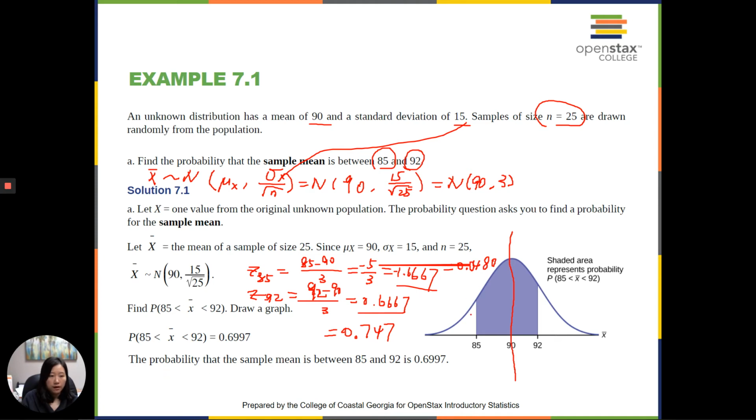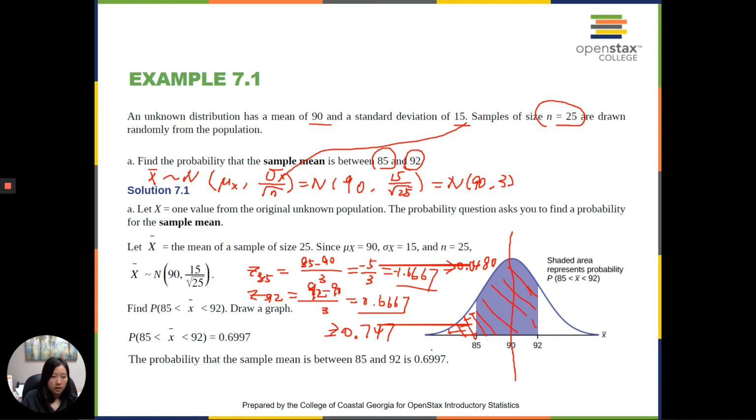So Z85 was the 0.048, this little part, and the Z92 that I calculated was this part, the cumulative probability of the standardized normal or the z-score being less than 0.667.